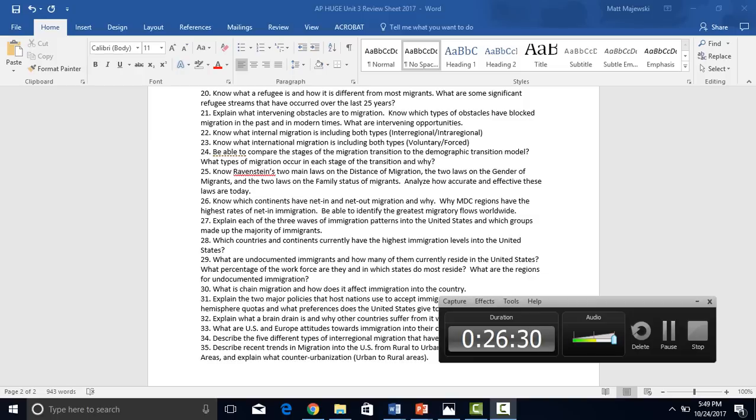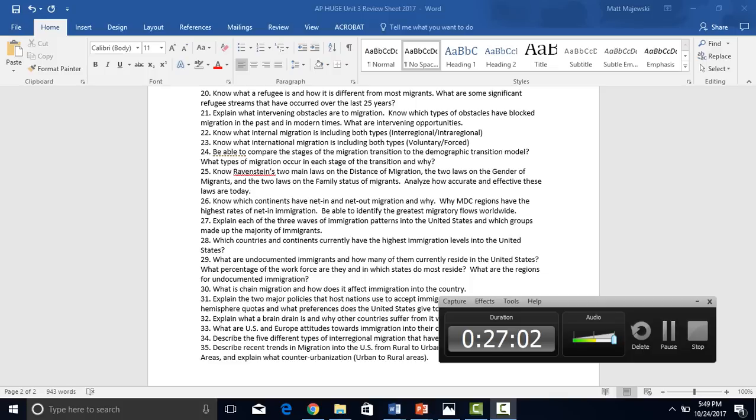The second major law of migration is that the elderly generally do not do it. The older you are, the less likely you are to migrate, largely because maybe you're more settled in your original location, or maybe it's just physically more difficult for you to do so. Again, while most of Ravenstein's laws are pretty accurate still today, it is the ones that have to do with men versus women and family sizes that really are the least accurate compared to the past.